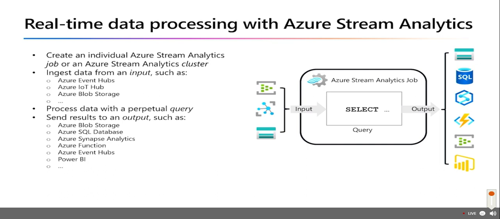It can write the results to an output such as Azure Data Lake Gen2, Azure SQL Database, Azure Synapse Analytics, Azure Functions, Event Hub, or even Microsoft Power BI. Once started, a Stream Analytics query will run perpetually, processing new data as it arrives in the input and storing all the results in the output.